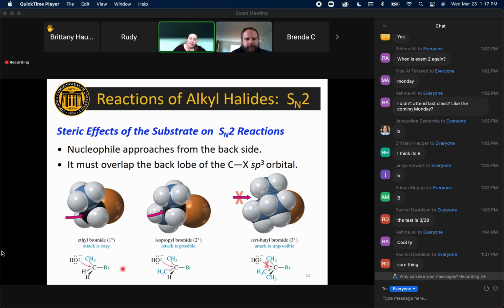If you have a less substituted alkyl halide, like a primary alkyl halide or even a methyl halide, that nucleophile is able to reach the electrophilic carbon more easily.